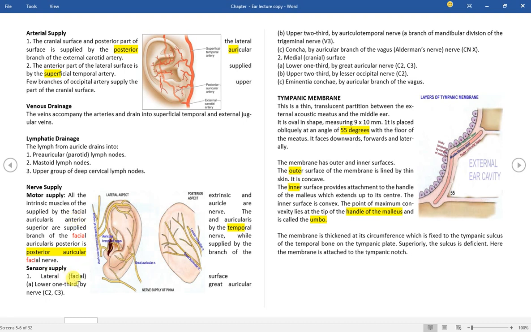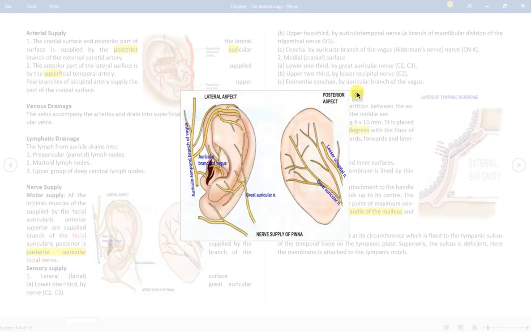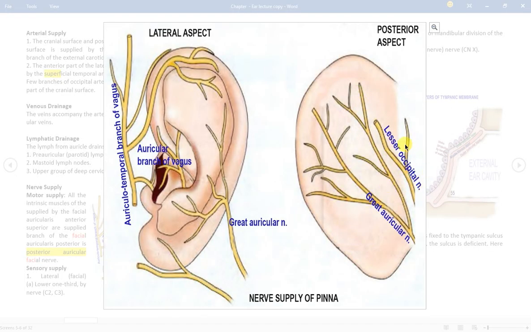Sensory supply is, they are branches of the cervical plexus. If you remember the branches, lesser occipital, great auricular, transverse cervical and supraclavicular. These are the four branches of the cervical plexus.